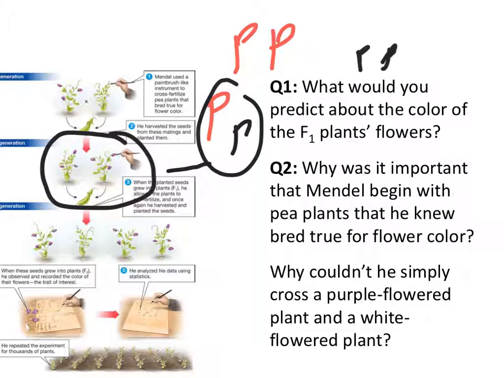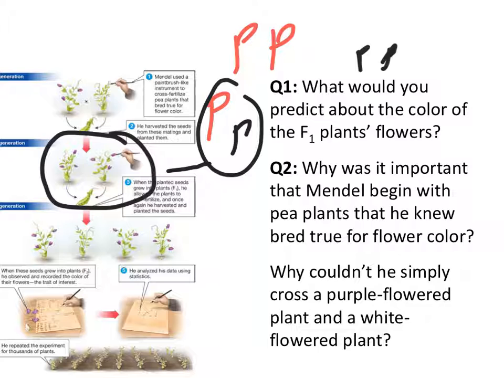Okay. Why was it important that Mendel begin with pea plants that he knew bred true for flower color? Well, first of all, you can't be certain in terms of dominance, but you can be certain in terms of recessive. So he knew he had recessives for sure.